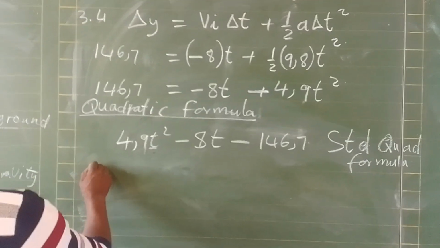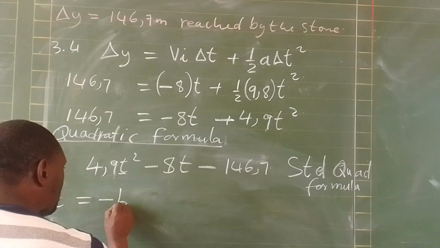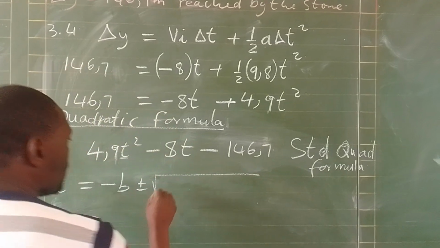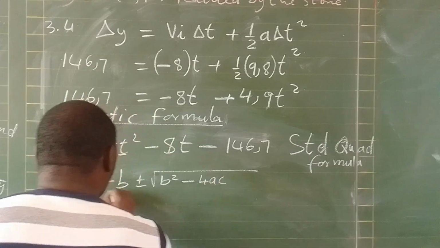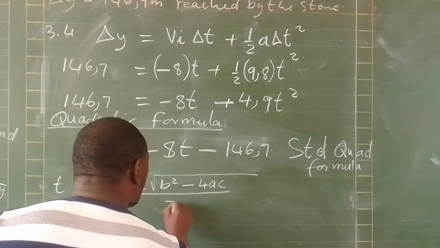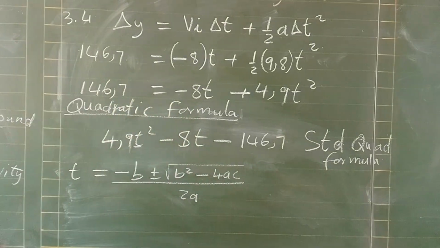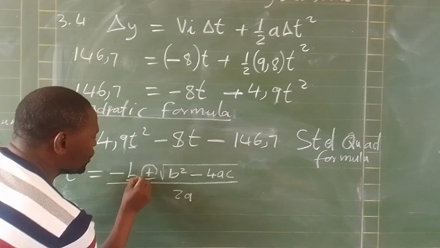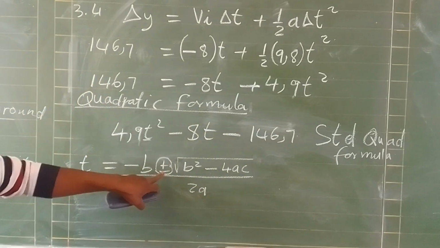So we say t is equal to minus b plus or minus the square root of b squared minus 4ac, all over 2a. This is a question we must ask ourselves: what are we looking for?